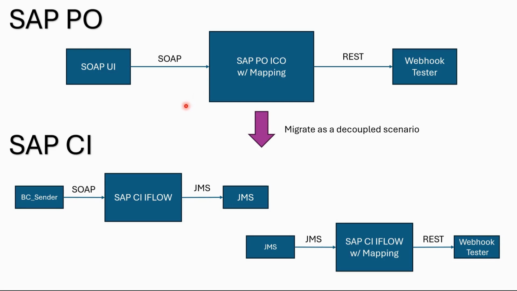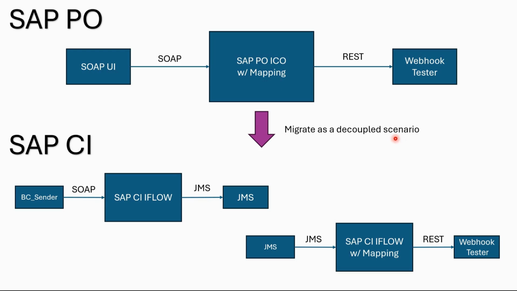We will showcase a testing tool which is focused only on the comparative testing of the iFlows against the ICOs. So here we have a sample scenario. We have a simple PO scenario which does a SOAP to REST conversion, and there is also a mapping in between. When we migrate it, we can migrate it in a couple of ways.